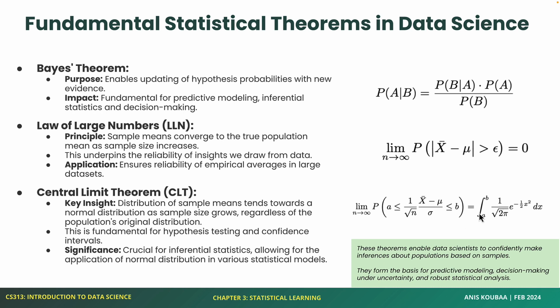Now, these are the general theorems that you're going to demonstrate and talk about. These theorems enable data scientists to confidently make inference about a population based on samples and not on the whole population. And this is the basis for predictive modeling and decision making under uncertainty. Why do we say under uncertainty?